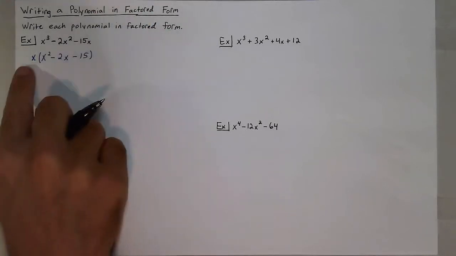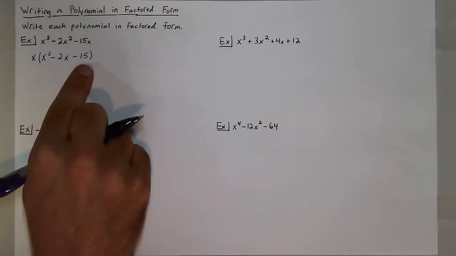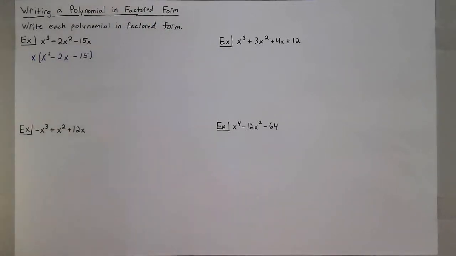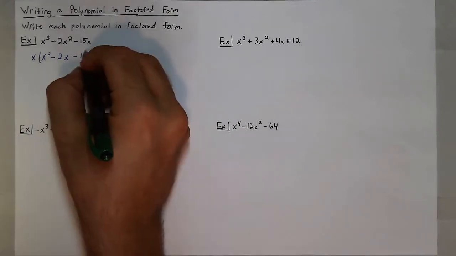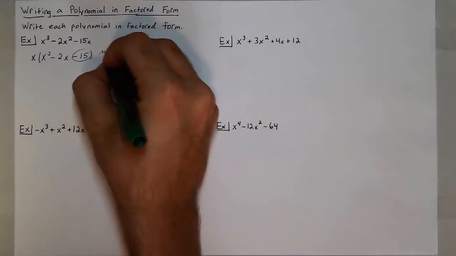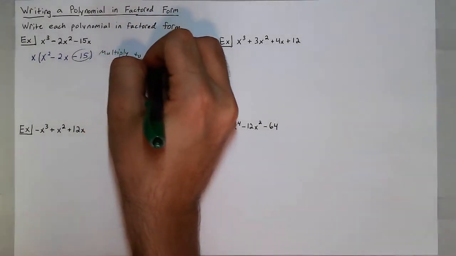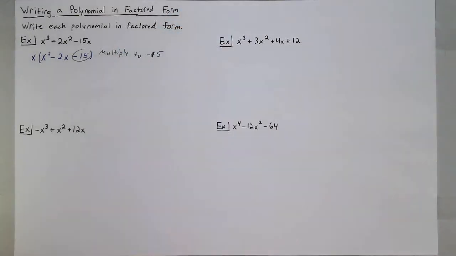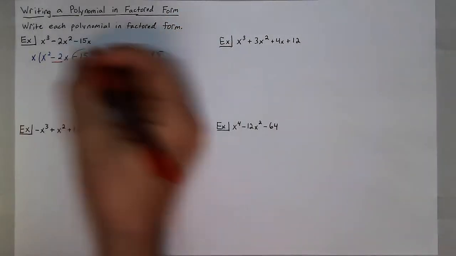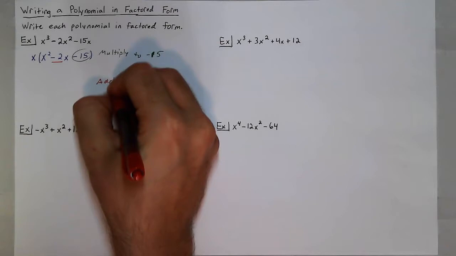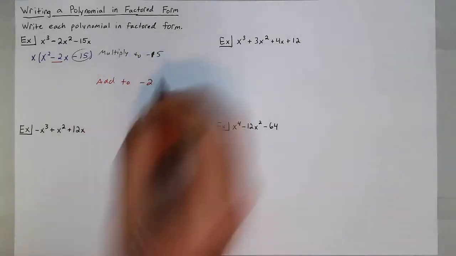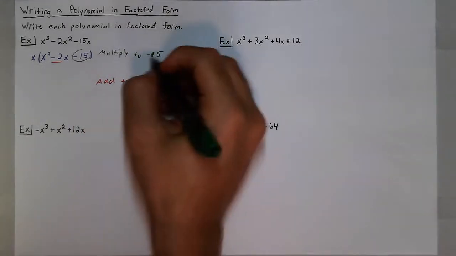You'll notice that once we factor out that x, this is now just a quadratic, which we can factor using quadratic techniques, meaning look for two numbers that multiply to negative 15 but then add to negative 2. So what two numbers multiply to negative 15 and add to negative 2?